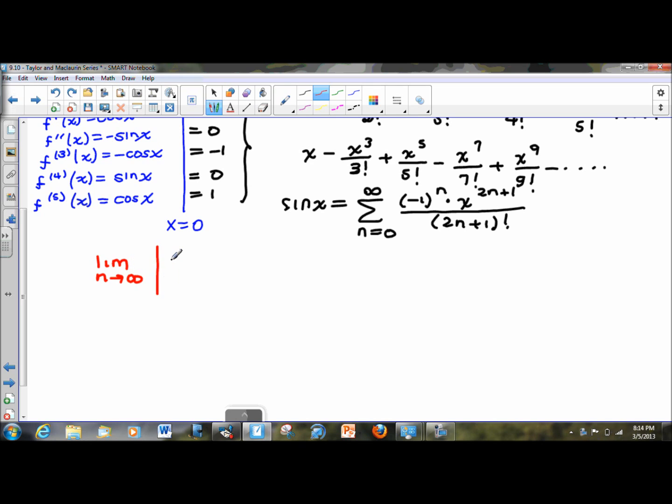And the ratio test simply says to take a good look at the n plus 1 term. Now, the n plus 1 term here would cause for us to take this n value out and replace it with n plus 1. We would have 2n plus 2, and then add the other 1 to get the 2n plus 3. And we have the same thing happening here in the denominator.